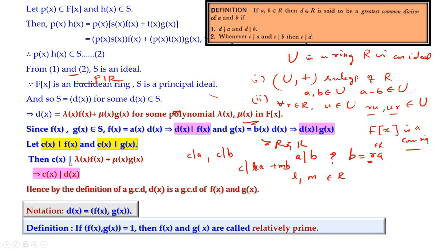So c(x) divides λ(x) f(x) + μ(x) g(x). But this is nothing but our d(x). So c(x) divides d(x). These two conditions being true, we conclude that d(x) is a GCD of f(x) and g(x). We use this notation for GCD.